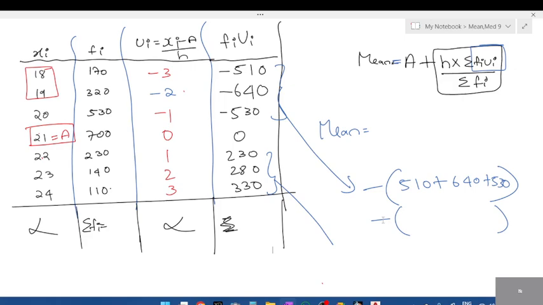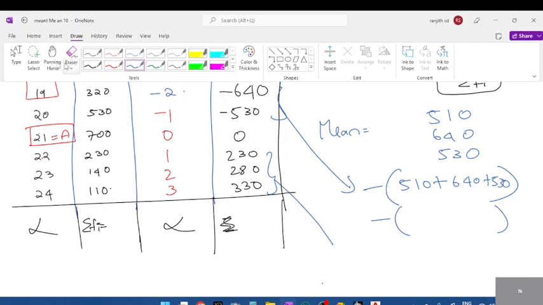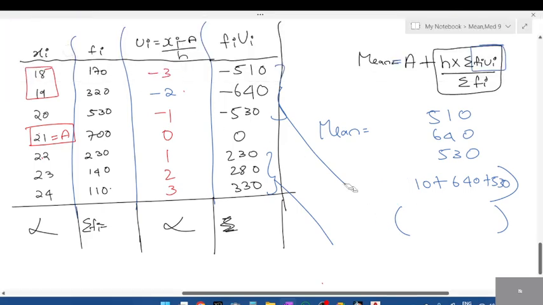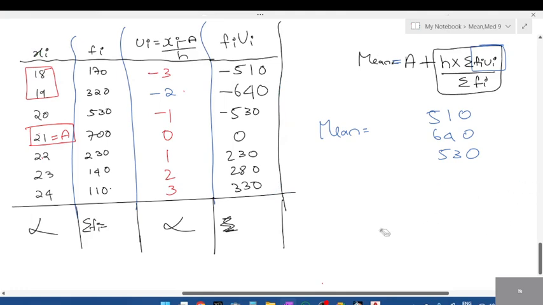Which one? Kia. What do you get? 510 plus 640 and 530. How is it 6180? Tell me this calculation part. Tell me, Kia, how do you add it?